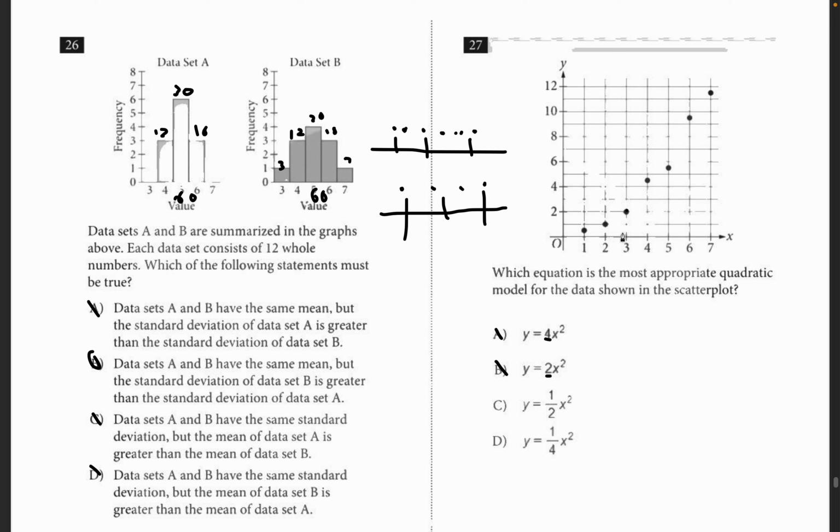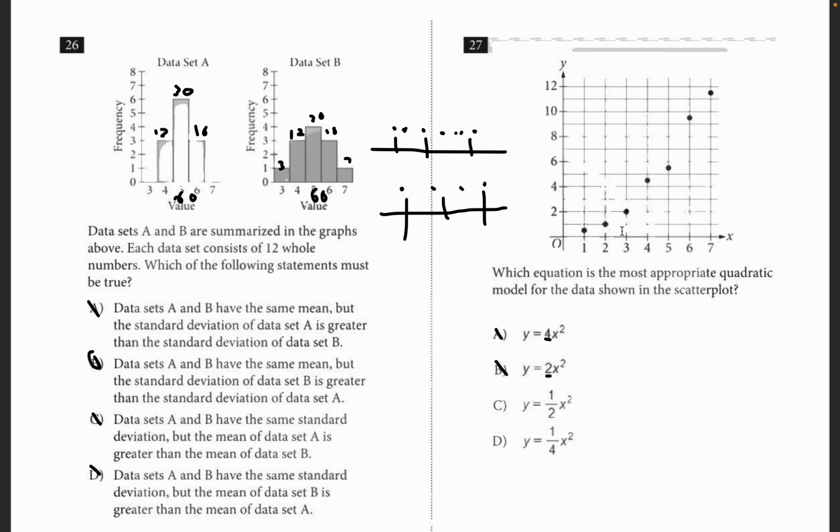So at 2, I graphed it on my calculator. So at 2, it's 2. Let me see, y equals 1/2 x squared, right? Okay. So at 2, 4.5. That looks weird. No. Yeah, it cannot be C.